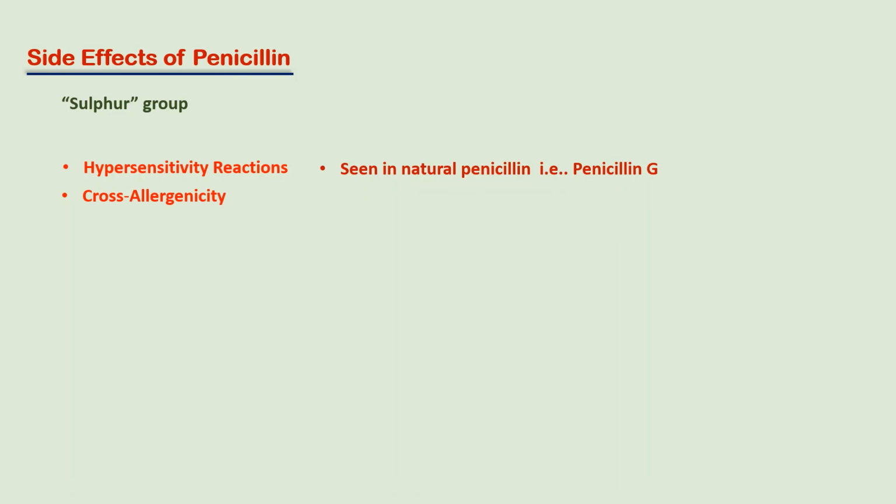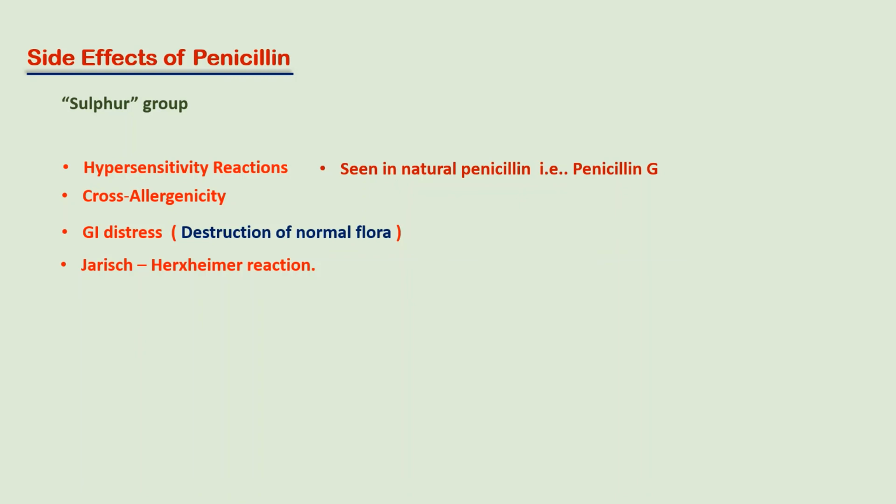Another side effect is GI distress, and this is mainly due to the destruction of the normal flora of the gut. Lastly, the Jarisch-Herxheimer reaction is yet another complication associated with penicillin therapy in syphilis treatment cases.